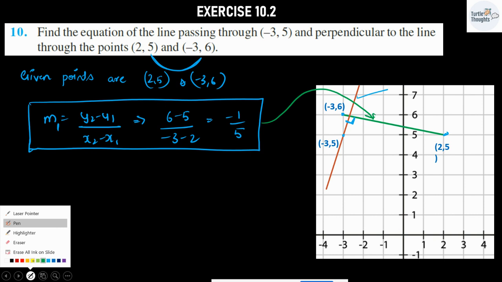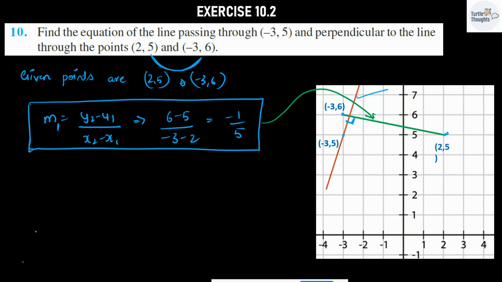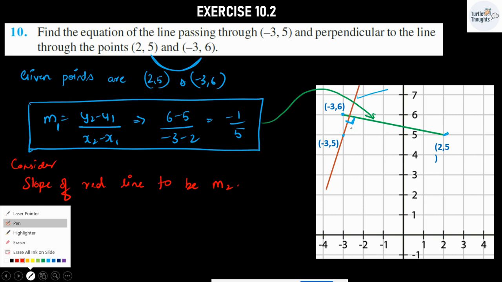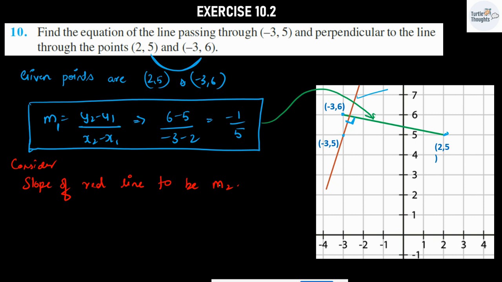Next I will be considering the slope of the red line to be m2. Okay, now can I tell that since these two lines are perpendicular, the product of this slope and this slope should be equal to minus 1.